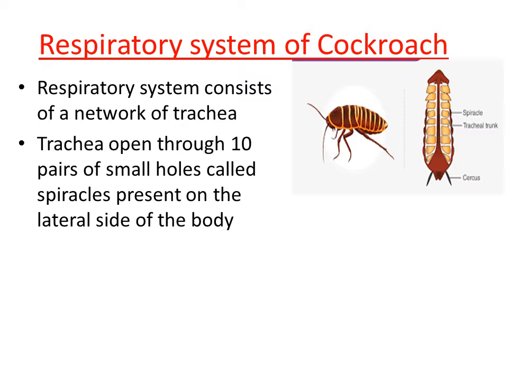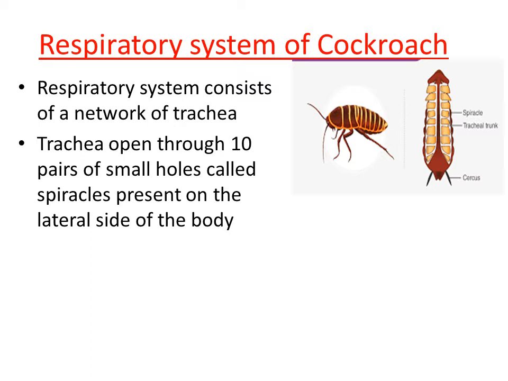Those small holes are nothing but spiracles. You can find in the diagram that it is labeled clearly, right? What is the number of spiracles? They are present in 10 pairs. So 10 pairs of small holes called spiracles are present on the lateral side of the body.